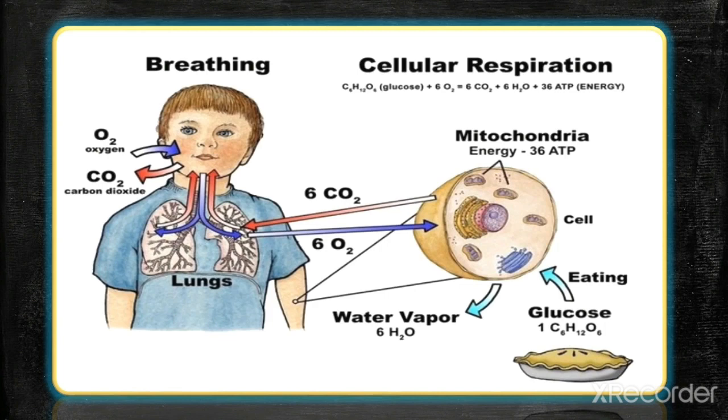This energy is present in the form of ATP molecules. ATP stands for adenosine triphosphate. Glucose in combination with oxygen produces carbon dioxide, water and ATP. The carbon dioxide produced during cellular respiration is released out through the process called exhalation.